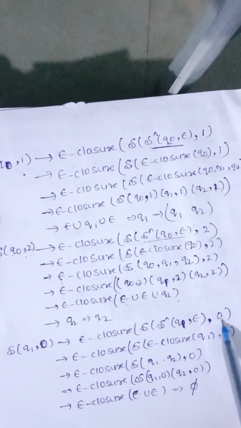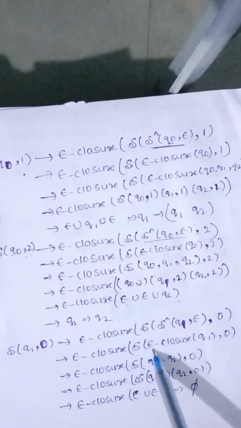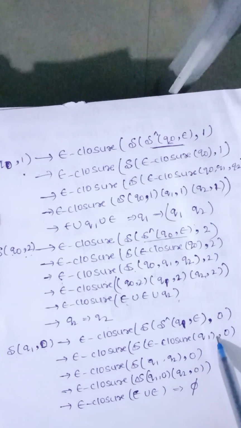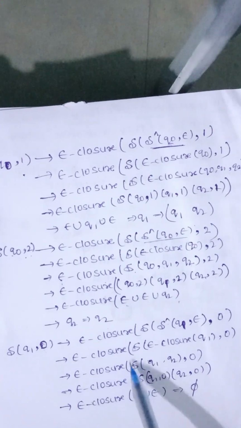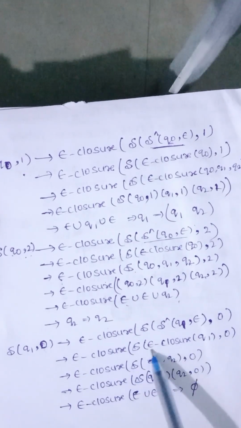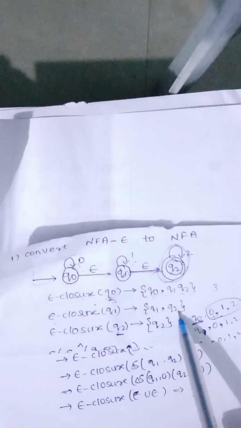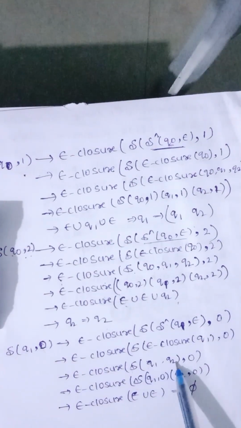So we write epsilon closure of delta of epsilon closure of q1 comma 0. What is the epsilon closure of q1 in the first step? q1 has q1 and q2. So we write q1 and q2 comma 0.